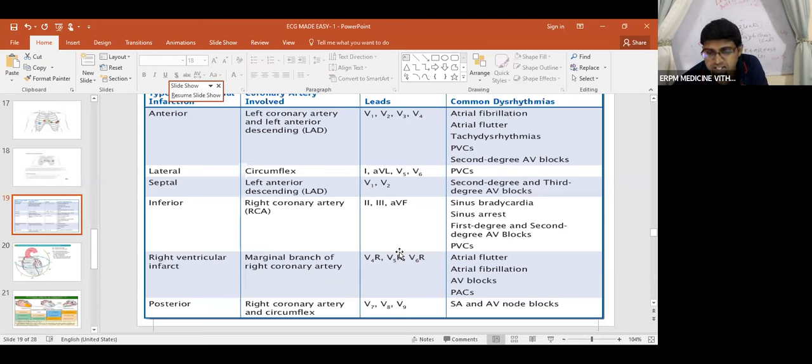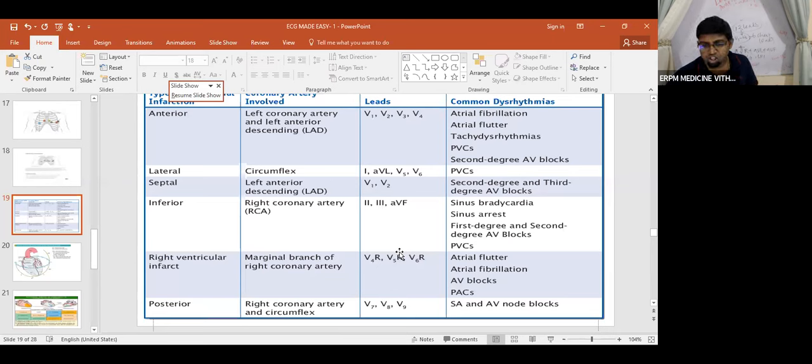Why is this important? Tomorrow, if there is a change in lead 2, lead 3, AVF, you should understand there is something going on in the inferior side of the heart.